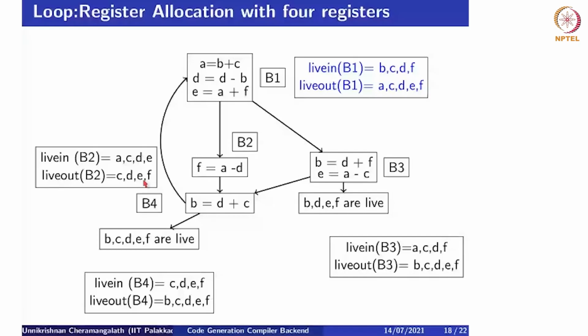Here B is killed, but D and C are used. At B2, A comes in as an additional live in, because there's a minus D. For B3, A comes in, so A, C, D, F. E is removed because B is killed, and B is also removed because B is assigned.